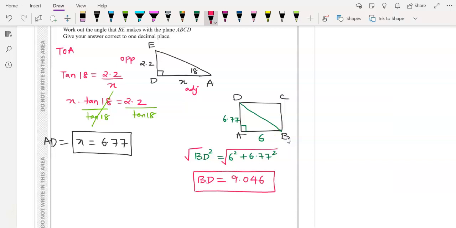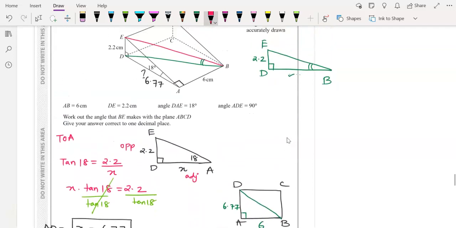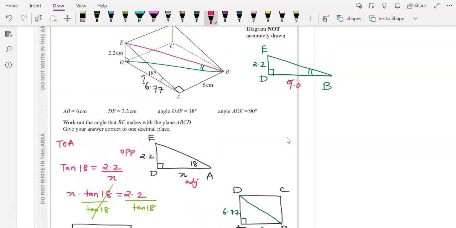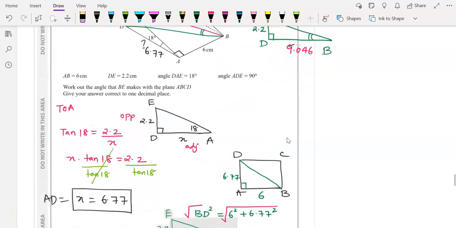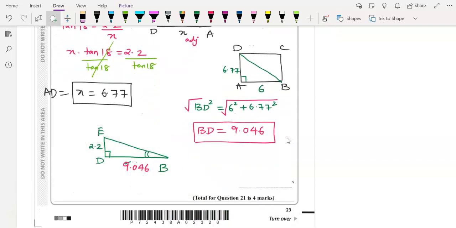Now we are in the last part. Now I know this side BD is 9.046. How do I find the angle between BE and the base? We need to find this angle EBD. So we can use the tan ratio. Let me take this triangle down.